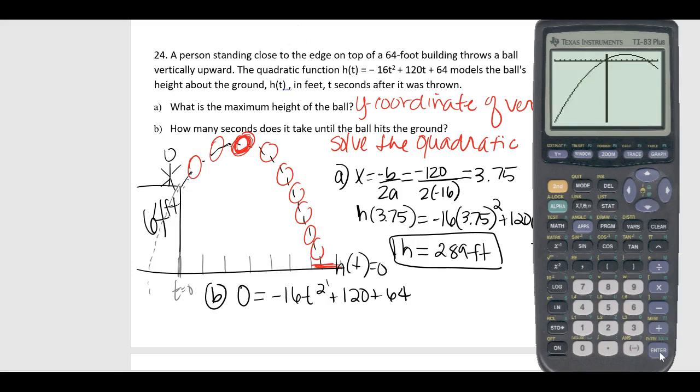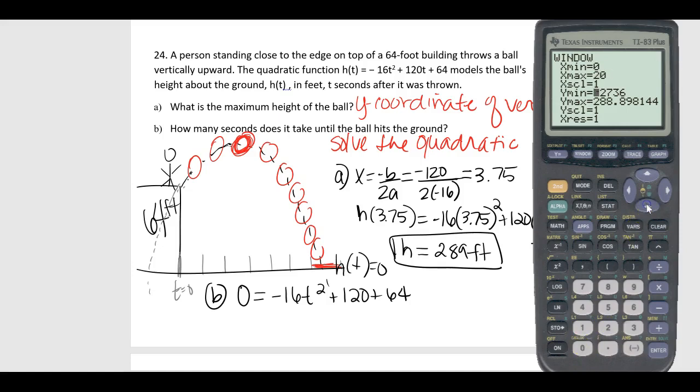Okay, and actually, you know what I'm going to do? I'm going to make my window mimic our picture. So we just need the minimum x value to be 0, right? Because that's where we're starting from when time is 0. And the max, I don't know what the max will be. I'll just say 20 for 20 seconds.